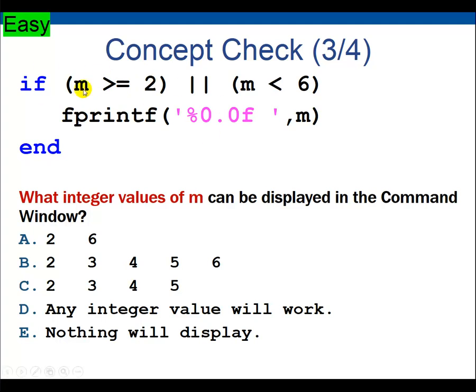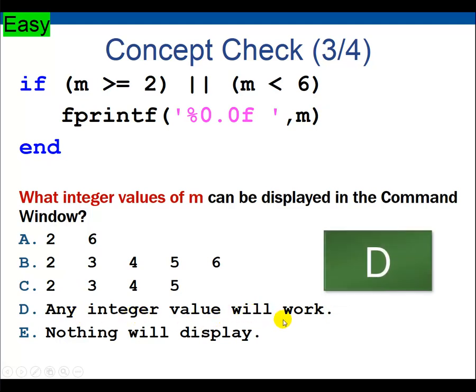Here this condition is true, so no matter what the other condition is, if this is true, then the fprintf will show the answers. If it is 1, this condition will not be satisfied, but the other condition will be satisfied with m equals 1. So any integer value will work. If it is 2, yes, it works. How about 3? It works. How about 100? Yes, it works. That's why any integer value will work.